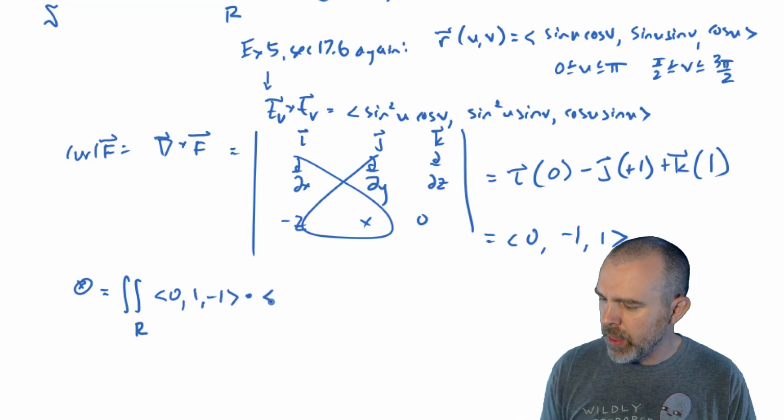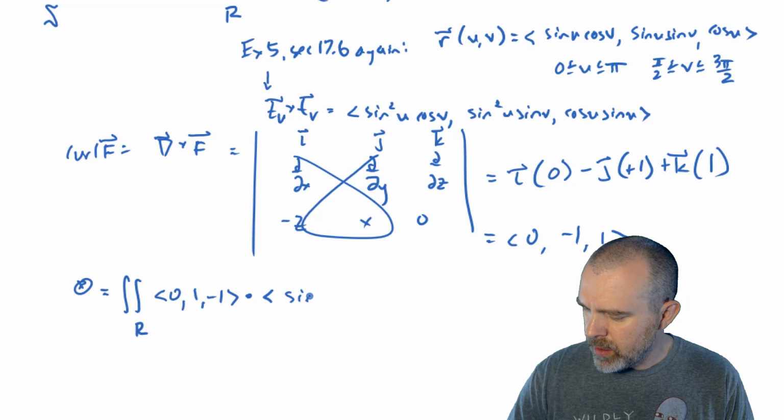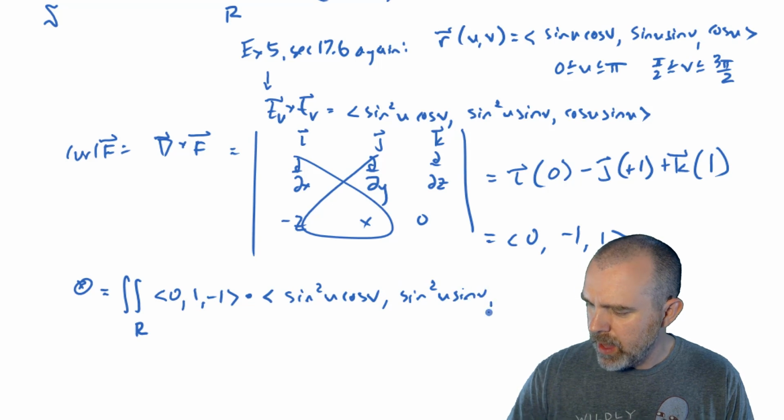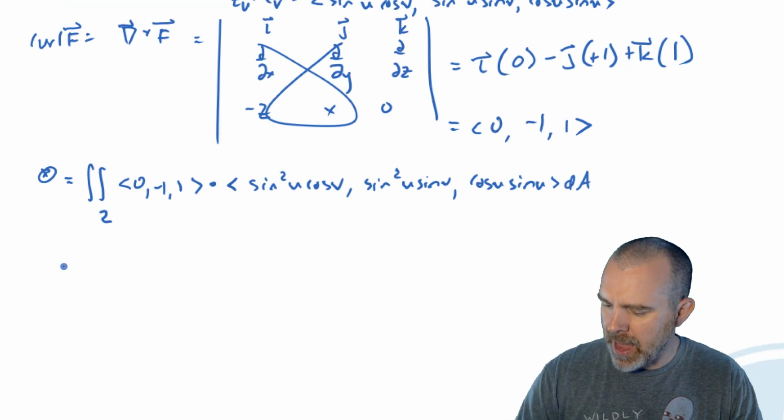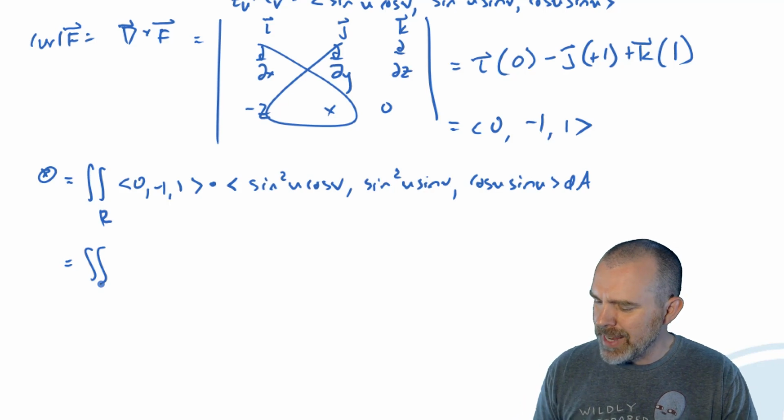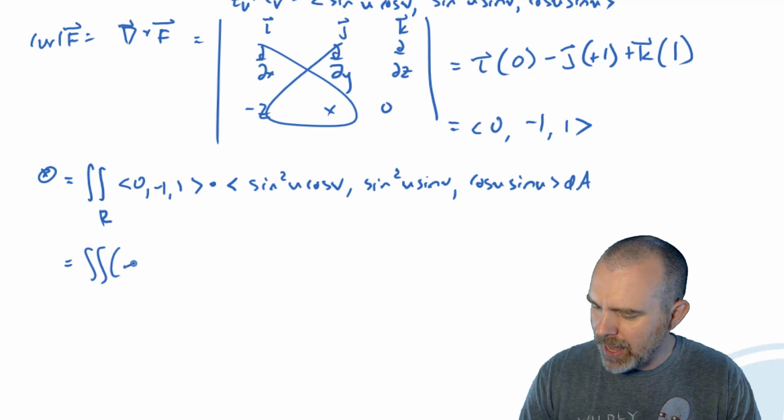Dot product with sine squared u cosine v, sine squared u sine v, and cosine u sine u. And that'll be dA. All right, and then when we do our dot product, we will get negative sine squared u sine v.